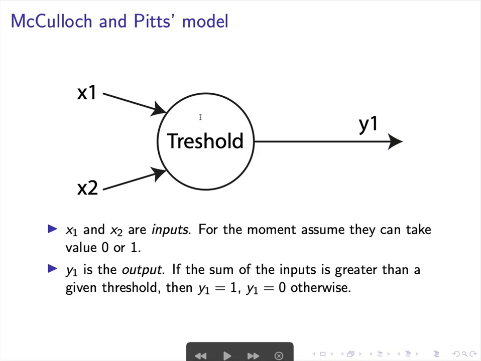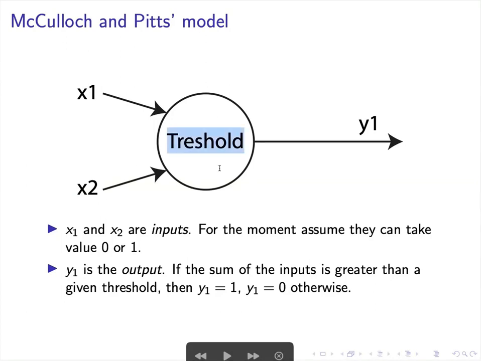How do we do that? They were sort of inspired by the neurophysiology of the neuron. They said, well, if I receive a strong input, an input that is strong enough, then this neuron will fire. So if we think of x1 and x2 as variables that can either take 0 or 1, we can have 4 combinations: 0,0; 0,1; 1,0; 1,1.